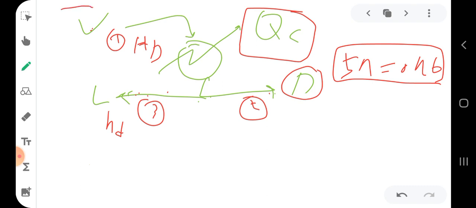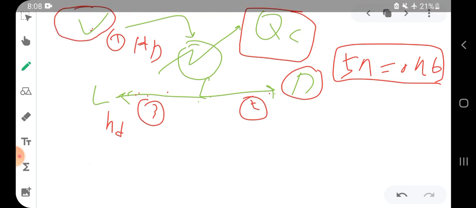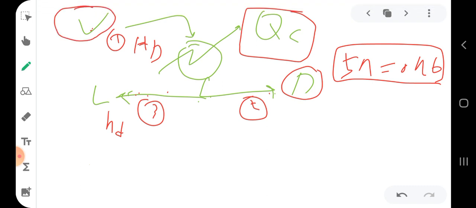Total condenser means that this vapor will totally condense, so the distillate will always be liquid. So we will have here H small because it is liquid and D because it is distillate.